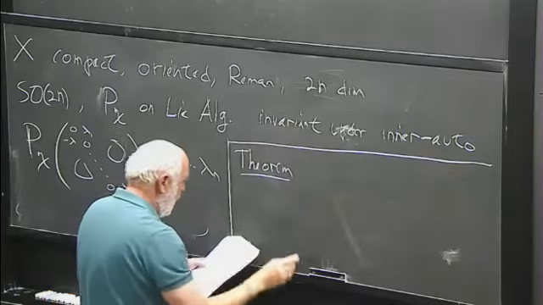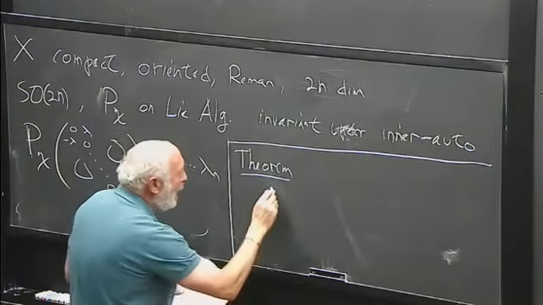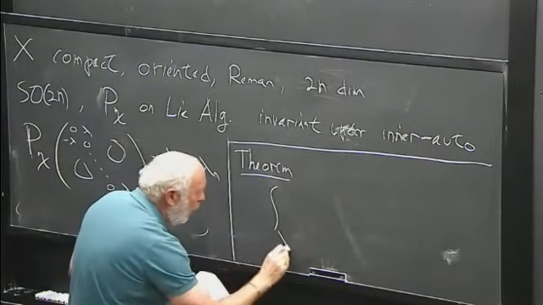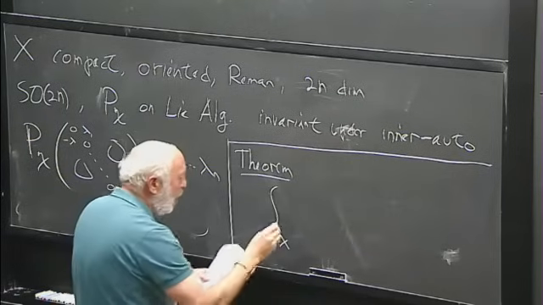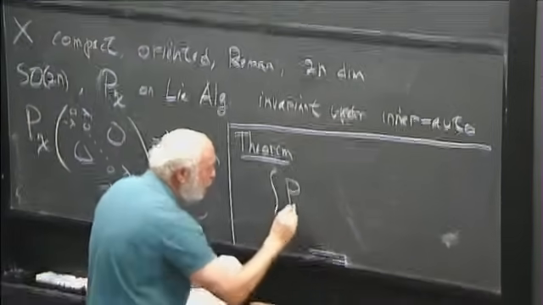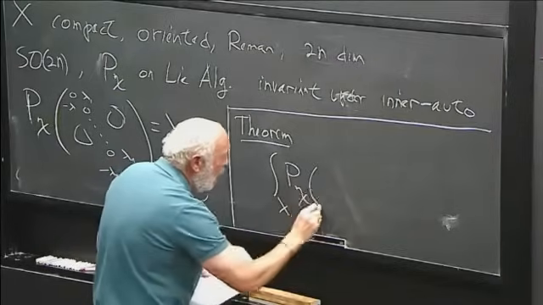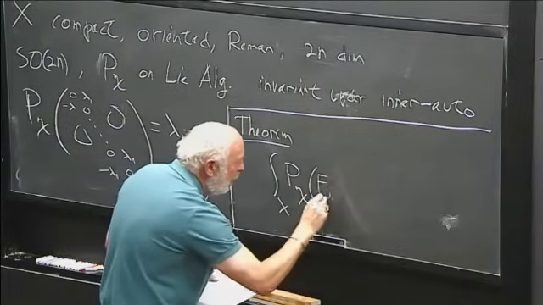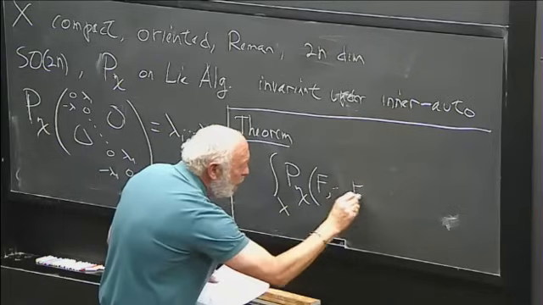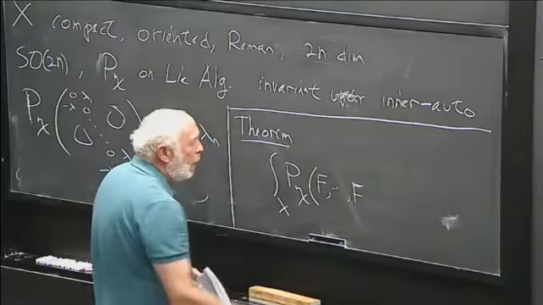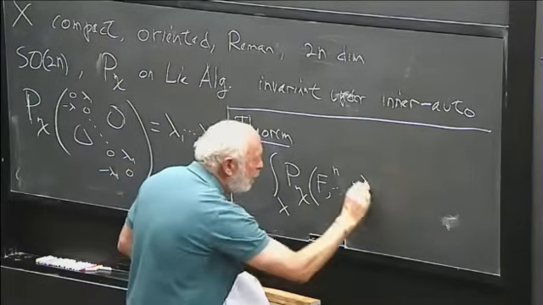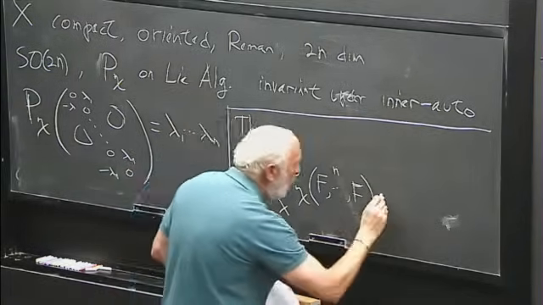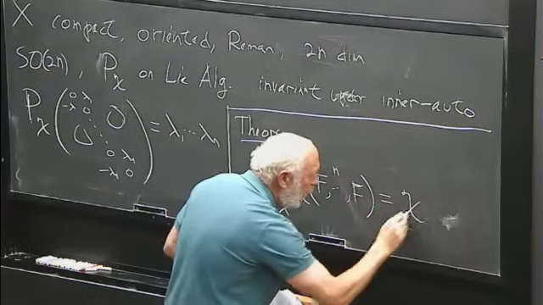that the integral over x, now I'm going to stick some curvature in. So P sub chi of F, n copies of them, equals the Euler characteristic of M of x.